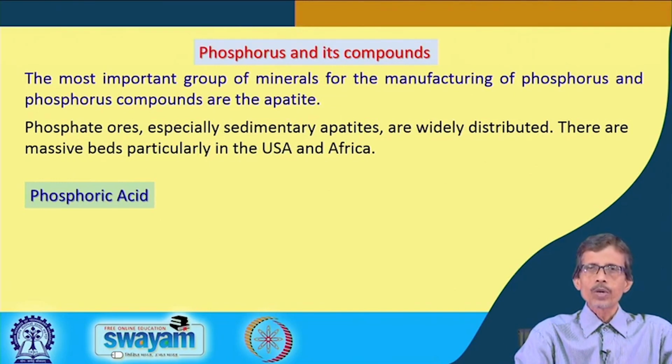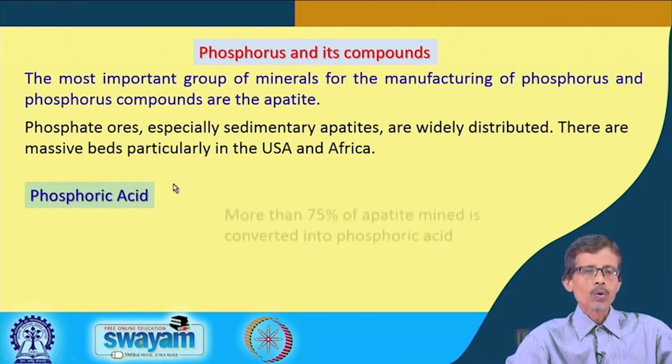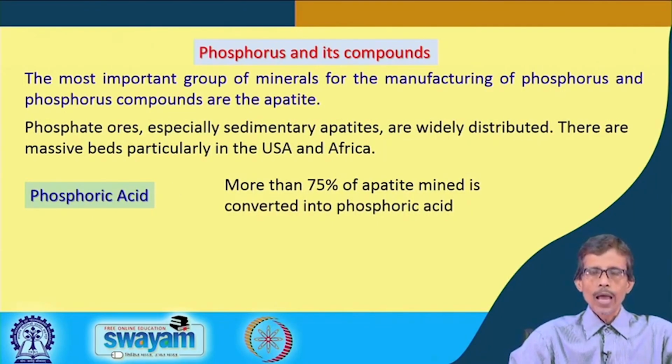If we can protonate those phosphate anions and leach them out in a pure form, what will we get? PO4 3 minus, the phosphate anion, will be protonated, and that protonated form will give you the corresponding phosphoric acid, H3PO4. So that H3PO4 formation is an important route from those phosphate ores, making phosphoric acid from phosphate ore or apatites.